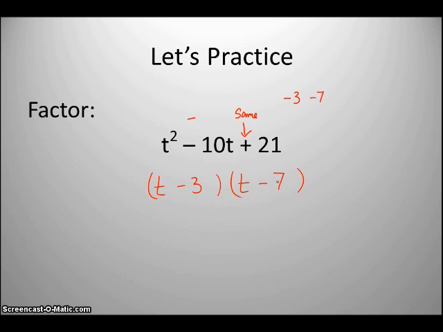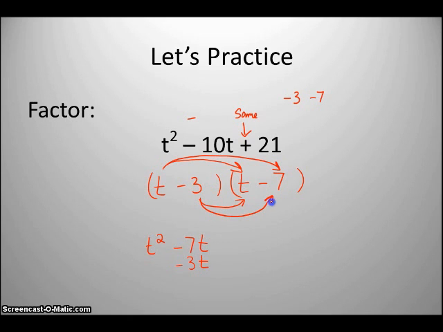Now I can always check my work by distributing. T times t gives me t squared. T times negative 7 gives me negative 7t. Negative 3 times t gives me negative 3t.